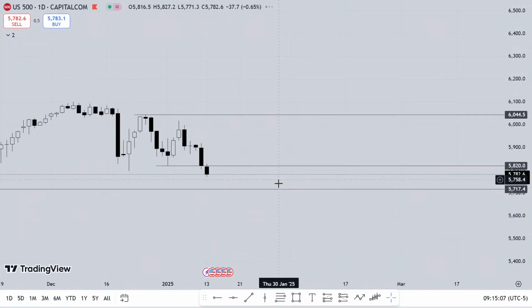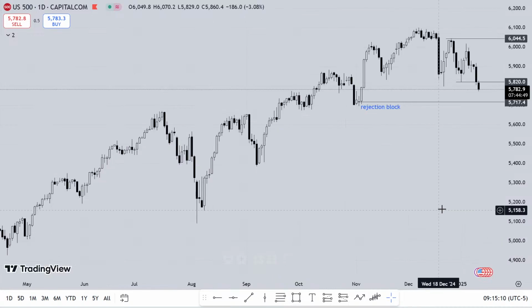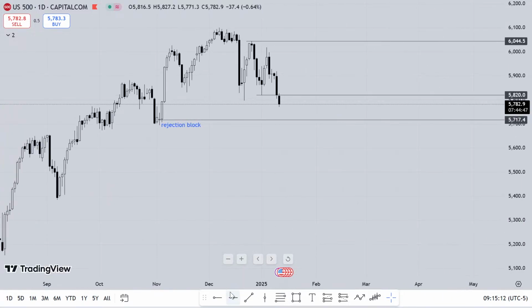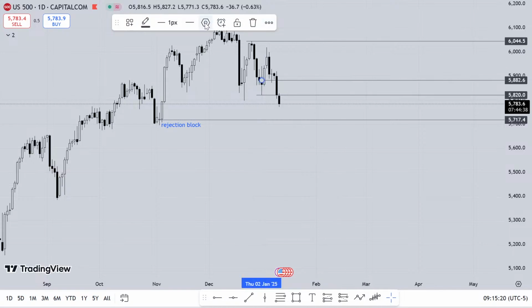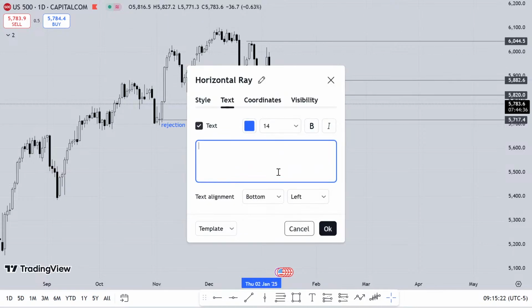So let's take a quick look at the daily time frame. We're going to indicate the new year opening price because we are in a new year. New year open.